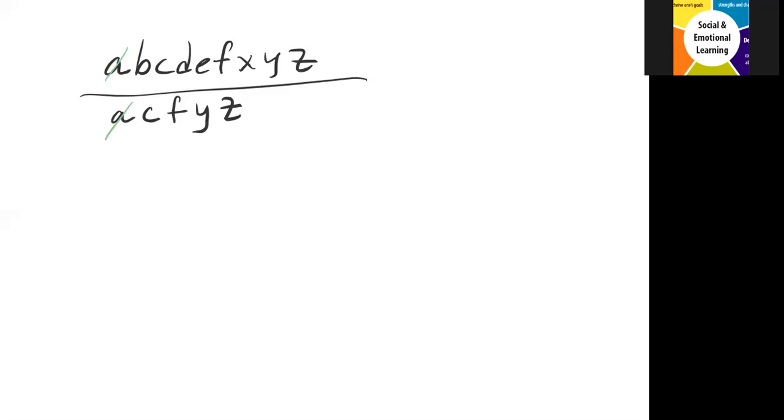We have an A over A, a C over C, an F over F, a Y over Y, and a Z over Z. So what this ends up being is what's left over: B, D, E, X. So get used to simplifying fractions like this. There'll be some examples in the practice questions I'm posting right after class today.